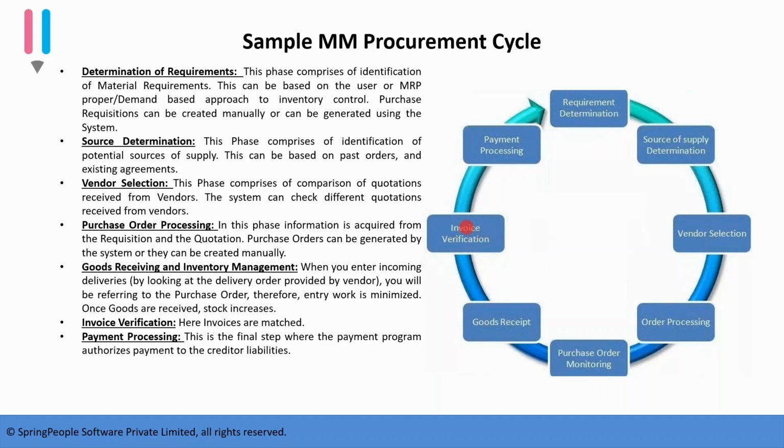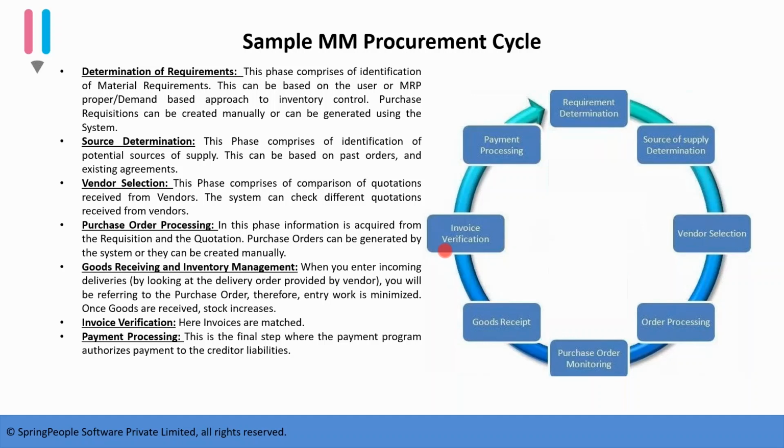And here it checks. There is a three-way check in the invoice verification. It will check the quantity from the GR, it will check the price from the purchase order, and it will check the bill which is given by the vendor. If all the three, the physical copy, your quantity from the GR, and the price from the PO, are matching, then only the system will allow you to create an invoice.